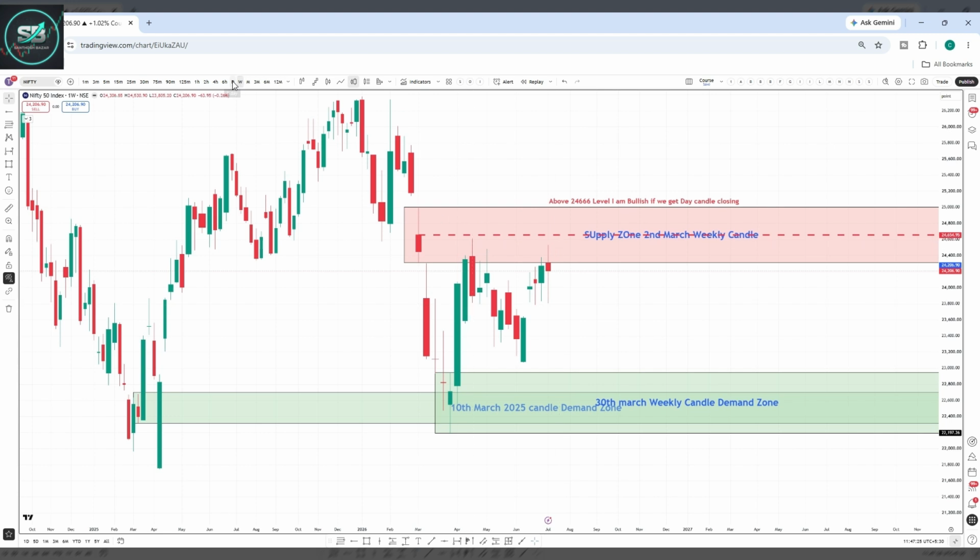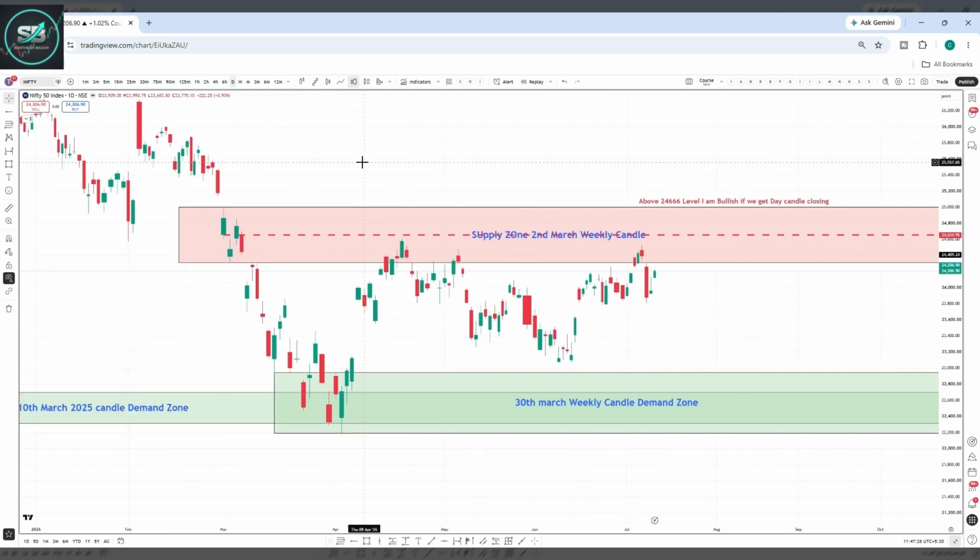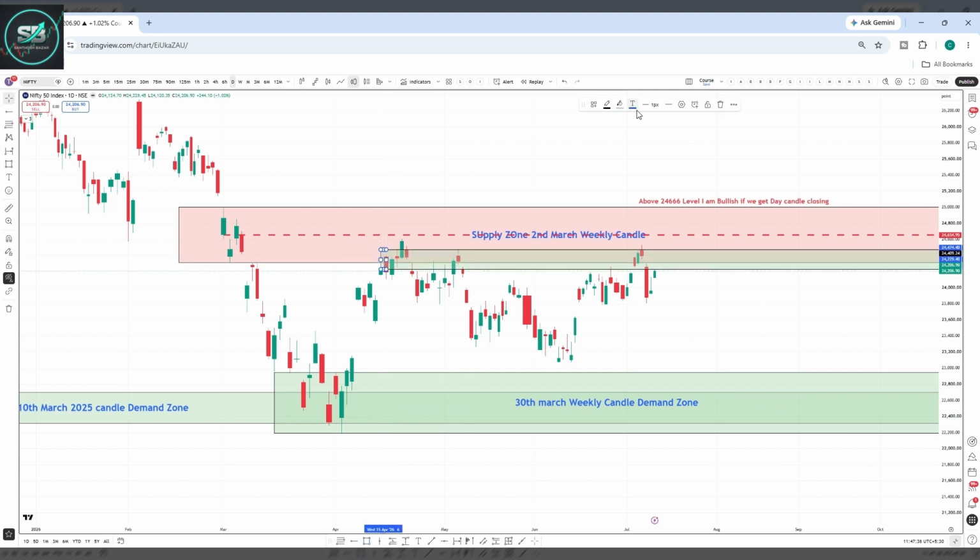If I go to the daily analysis, I said long back we should mark this candle as a supply zone, which is the 20th April candle. I said this because here Nifty made a W pattern, and the structure made everyone feel that it was giving a breakout.